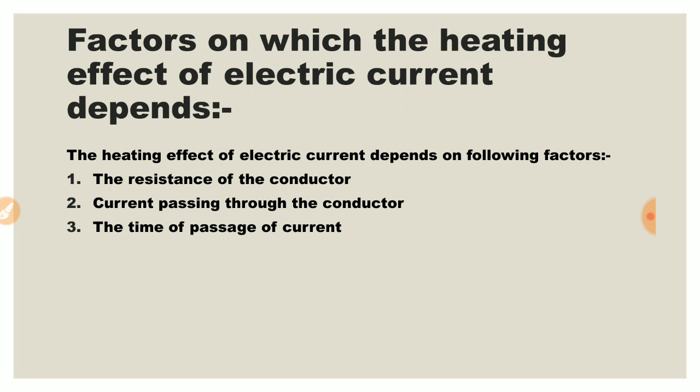Means if more is the resistance of the conductor, more heat will be produced. ठीक है. So more current is passed through the conductor, then more heat will be produced. And the time of passage, if we have to pass the current for more time, then more heat will be produced.